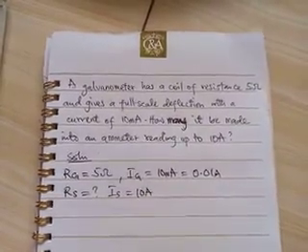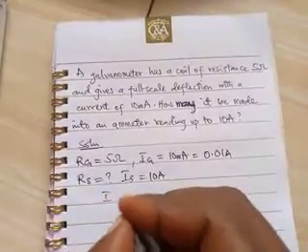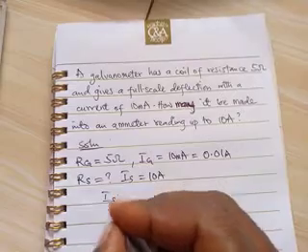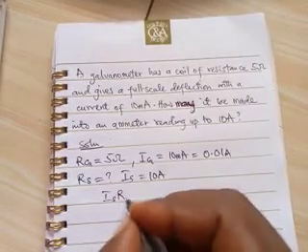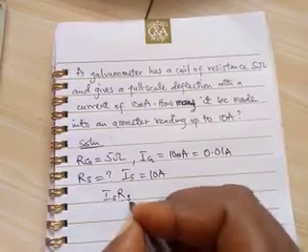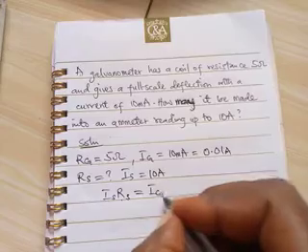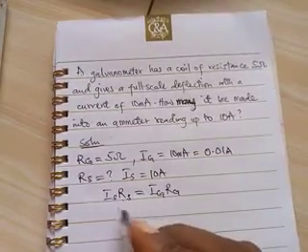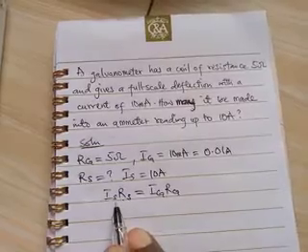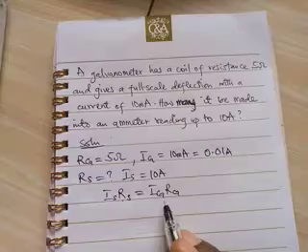Because they are connected in parallel, V is equal to IR according to Ohm's law. The current in the shunt times the resistance of the shunt is equal to the current in the galvanometer times the resistance of the galvanometer. So the voltage in the shunt is the same as the voltage in the galvanometer.